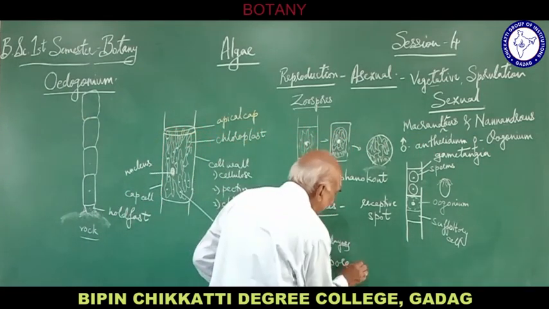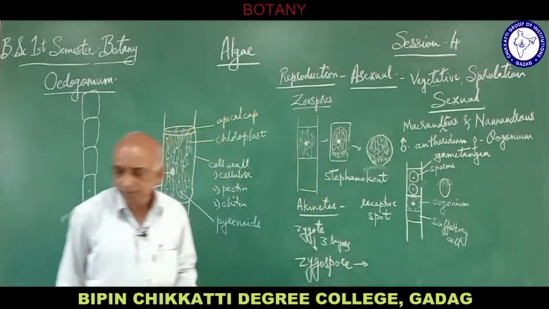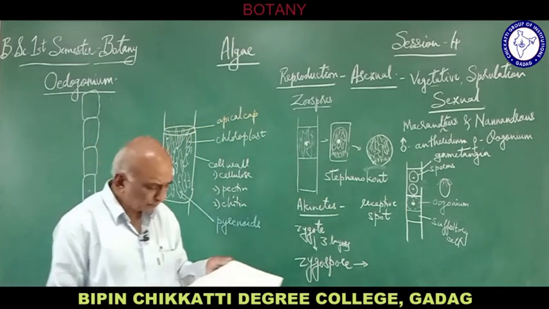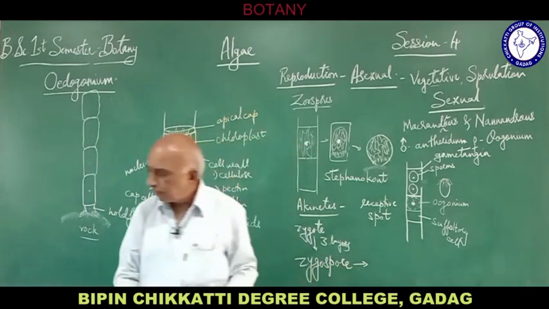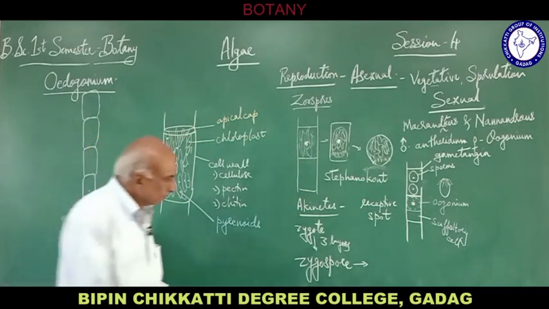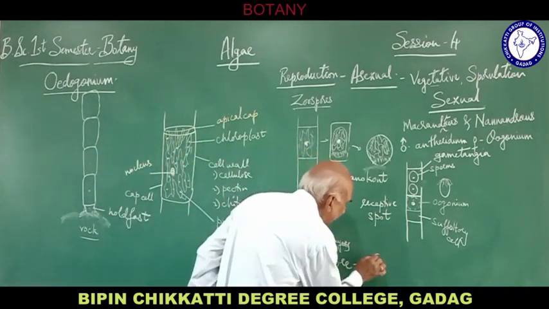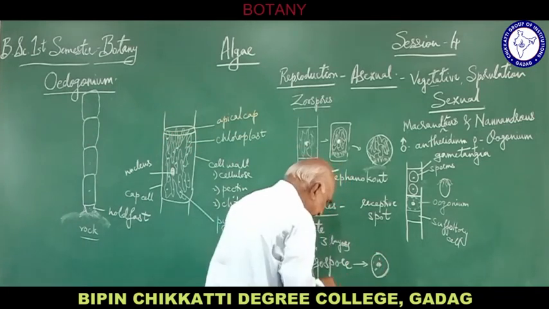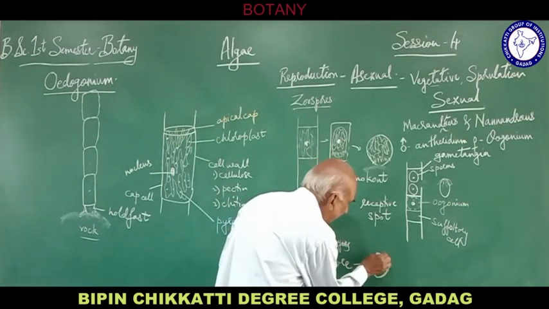So it undergoes meiosis. One of these diploid oospores undergoes meiosis. Suppose this is the zygospore which is formed, having a thick cell wall around it.